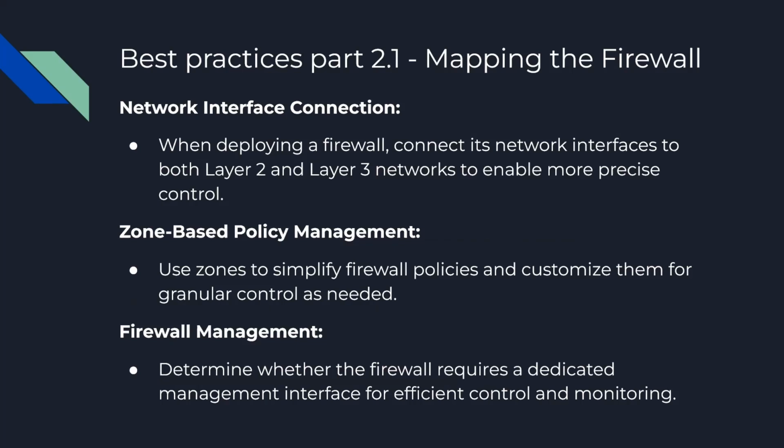Zone-based policy management. Use zones to simplify firewall policies and customize them for granular control as needed, just like the above in different layers. Firewall management. Determine whether the firewall requires a dedicated management interface for efficient control and monitoring.